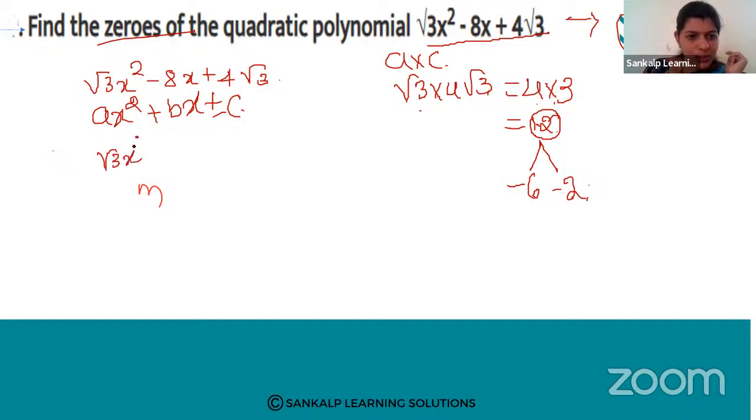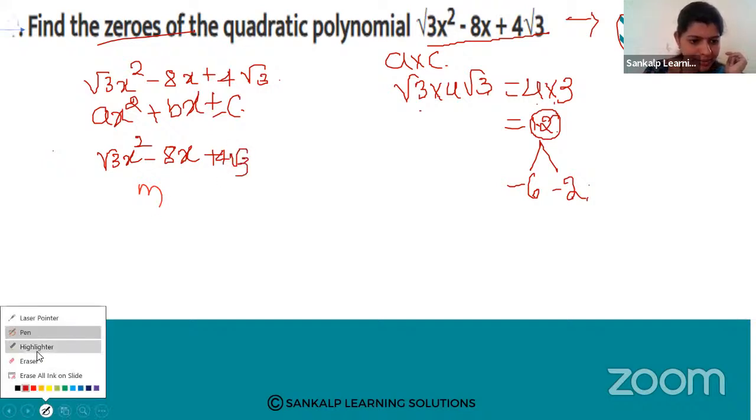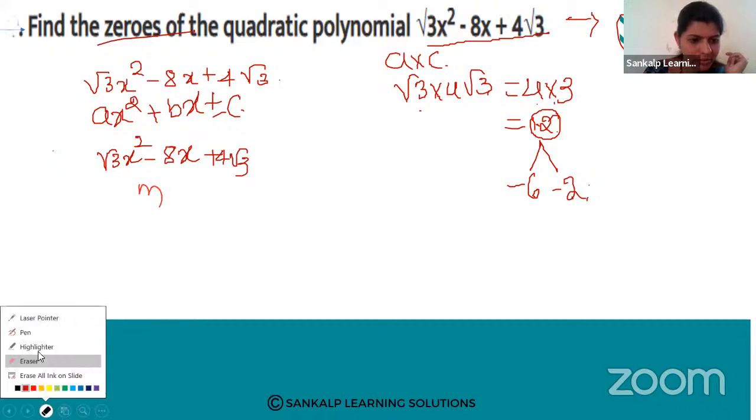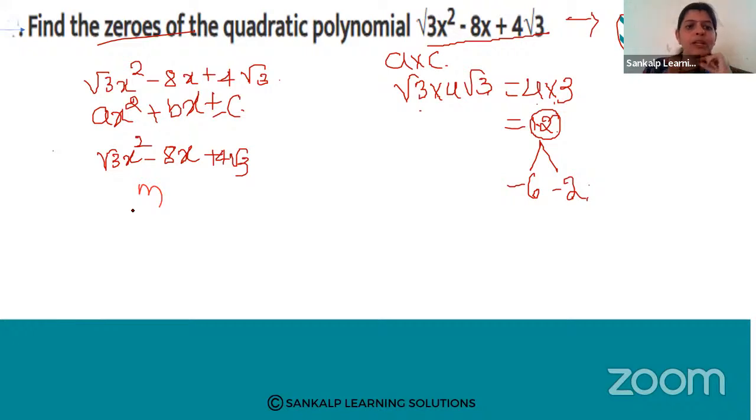Root 3x square minus 8x plus 4 root 3, right? So it becomes root 3 x square minus 6x minus 2x plus 4 root 3.